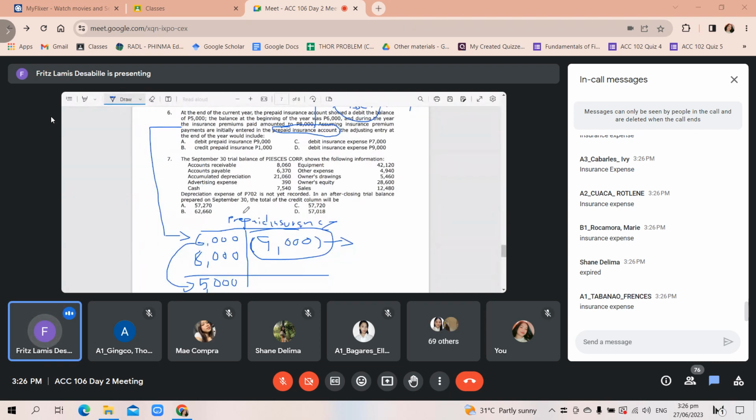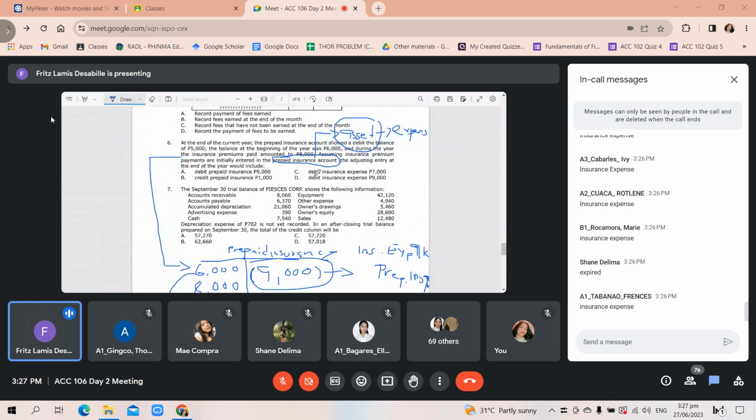So ang entry ani nga adjustment is a debit to insurance expense of 9K, and a credit to prepaid insurance. That's why na-credit sa prepaid insurance, 9K. So, unsang tama dire, a debit to insurance expense amounting to 9,000.